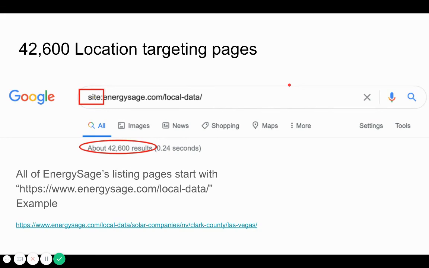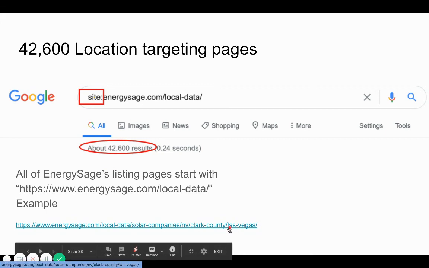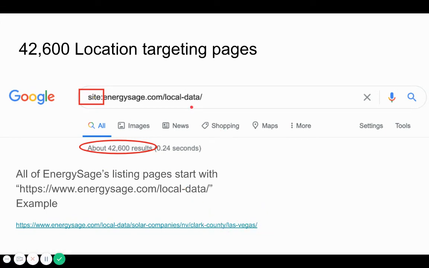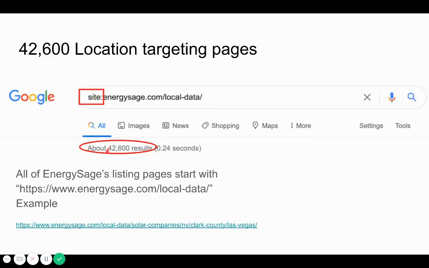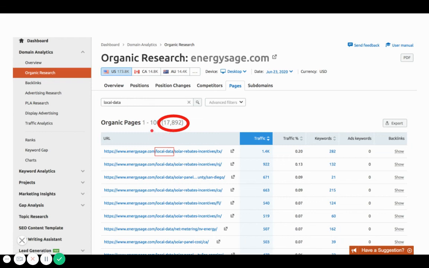This is why, wherever you search, like solar companies in Las Vegas, they rank well. This is where I take the data from another tool. They have this many pages, but those are the best ranking ones.